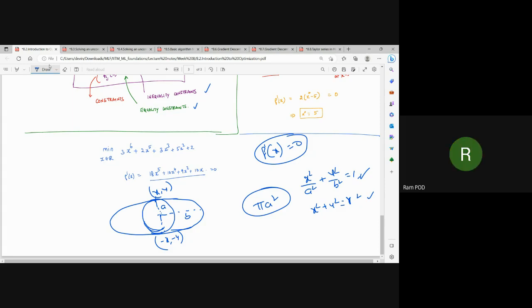So when you take x comma y and minus x comma minus y, that's going to be the diameter, right?